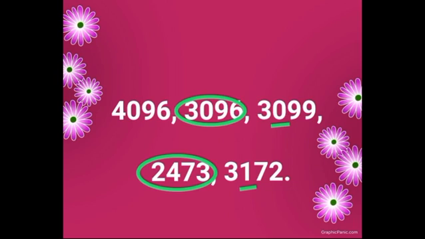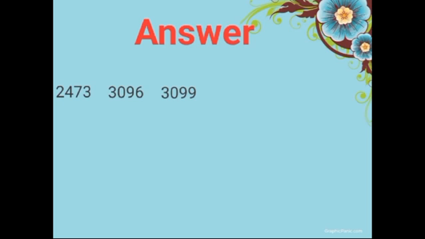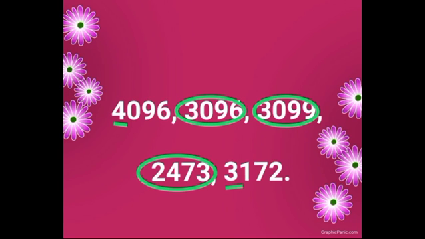Dears, which is the next smaller number? Yes, very good. 3099. So the third number is 3099. Let's compare the thousands place in the remaining two numbers. Dears, which is the smaller number?